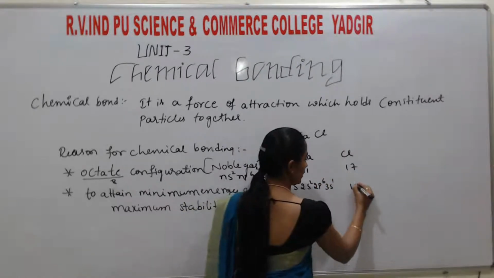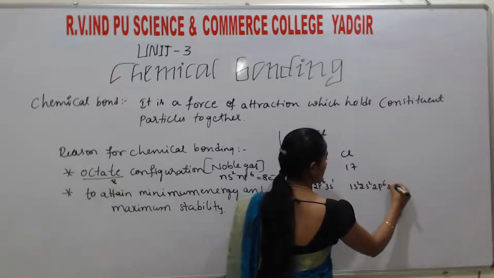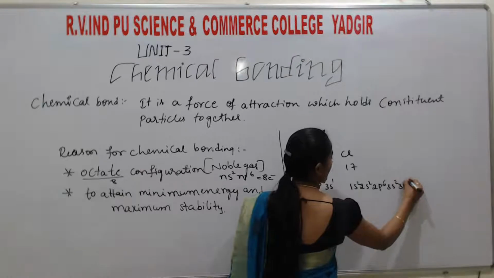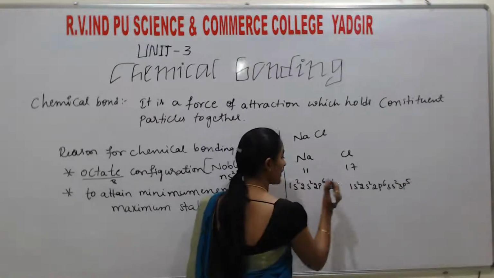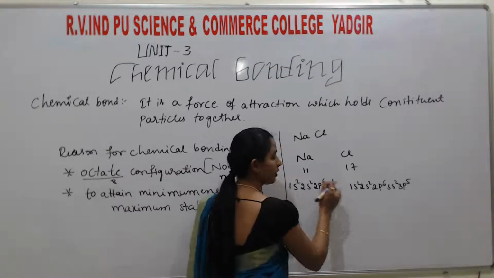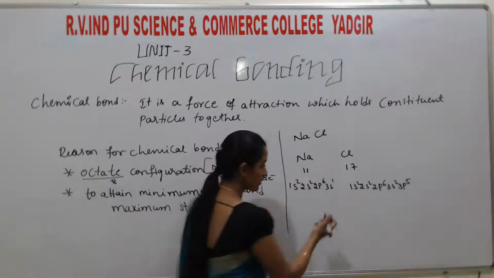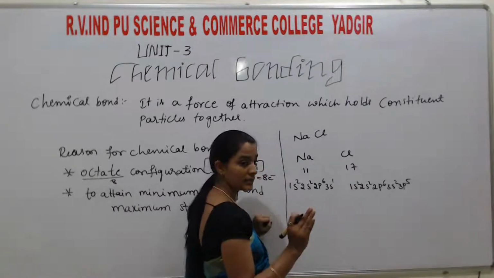Correct? For Cl, it is 1s2, 2s2, 2p6, 3s2, 3p5. Correct? So here, to attain the next corresponding noble gas configuration, Cl has to get 1 electron. Understood? For Na, 3s1 is there, and the next configuration is 3s2, 3p6.